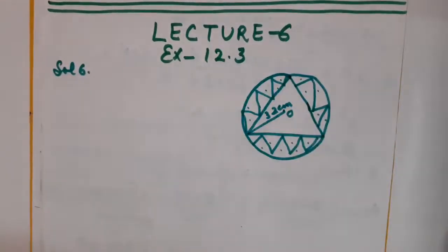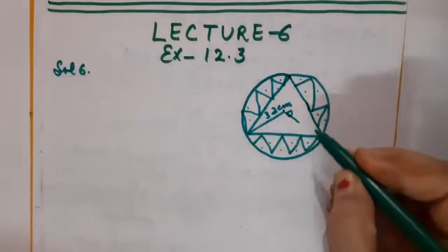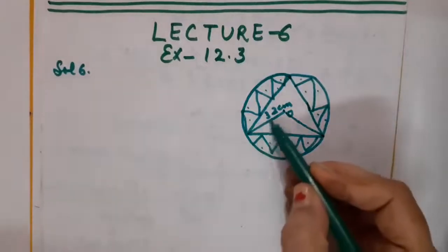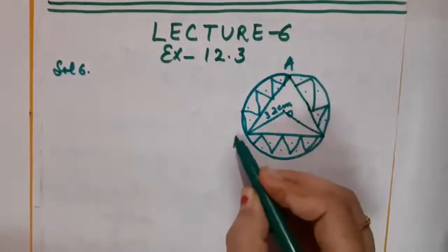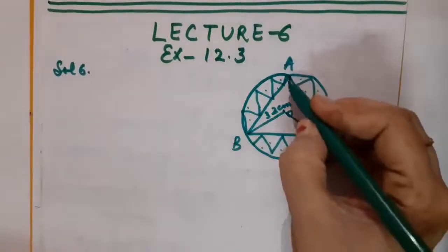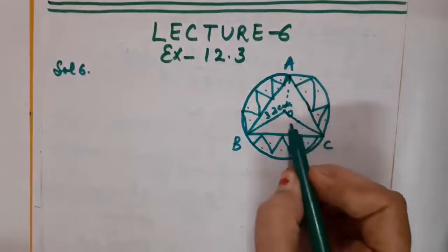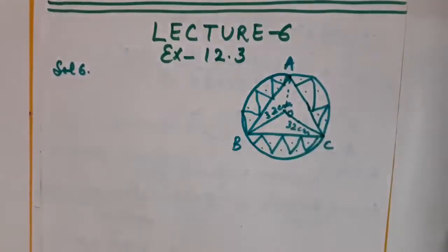Children, just observe, in this given figure I am going to draw two radii of the circle. You can see this is 32 centimeter. The names are also given. Here also I am going to join. So OA, OB and OC, they all are the radii of the circle, of 32 centimeter each.